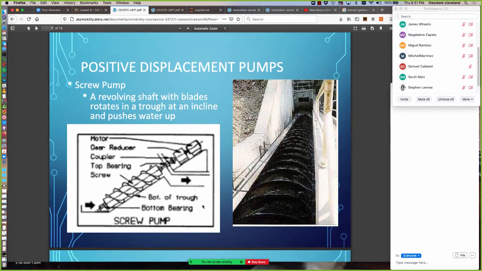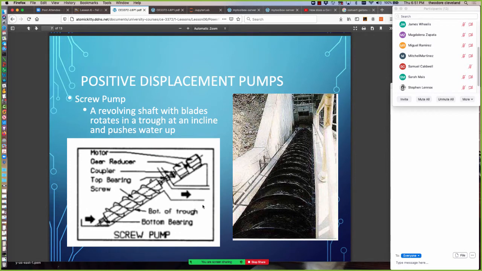So let's move on to the Archimedes or screw pump. What these have, at least in this depiction, is a trough or a half circle channel, if you will, and a shaft with blades welded to it that looks like a giant screw is laid in this trough.